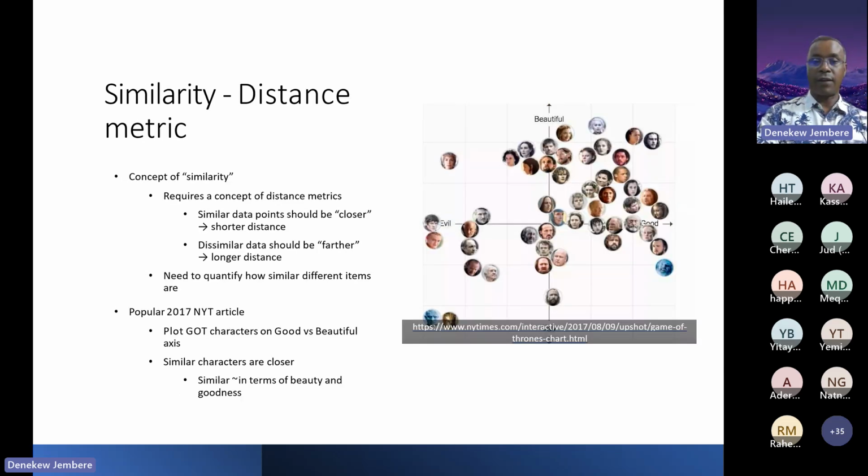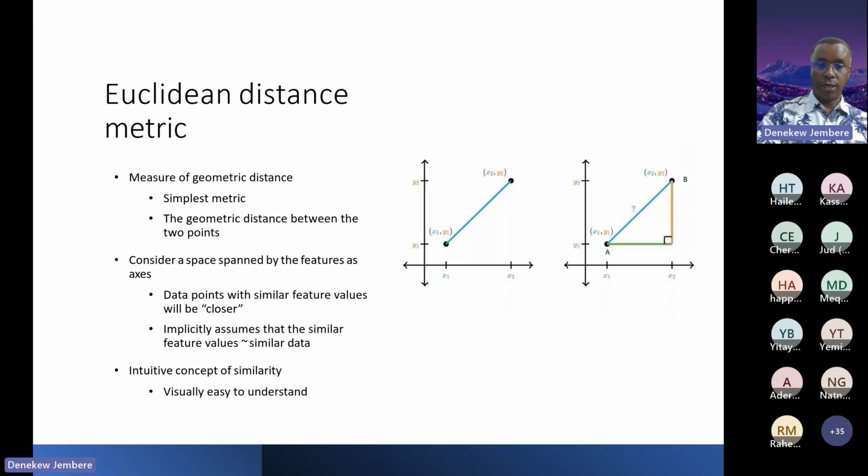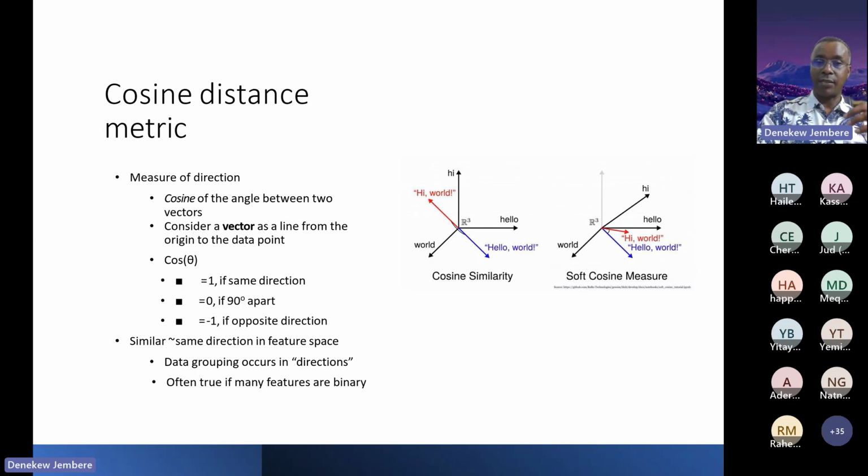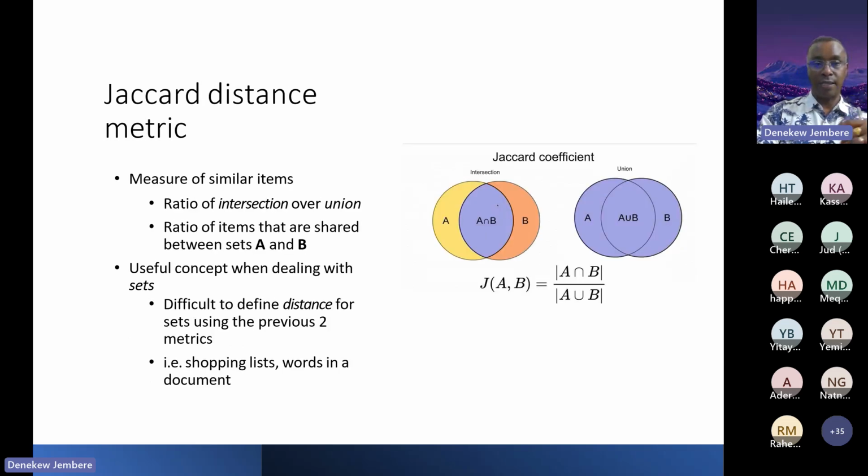And there are different techniques to measure similarity between data points to stay in the same group: the Euclidean distance metric, the cosine distance metric, and the third one, the Jaccard distance metric. These three metrics are used to identify whether or not data points are similar.